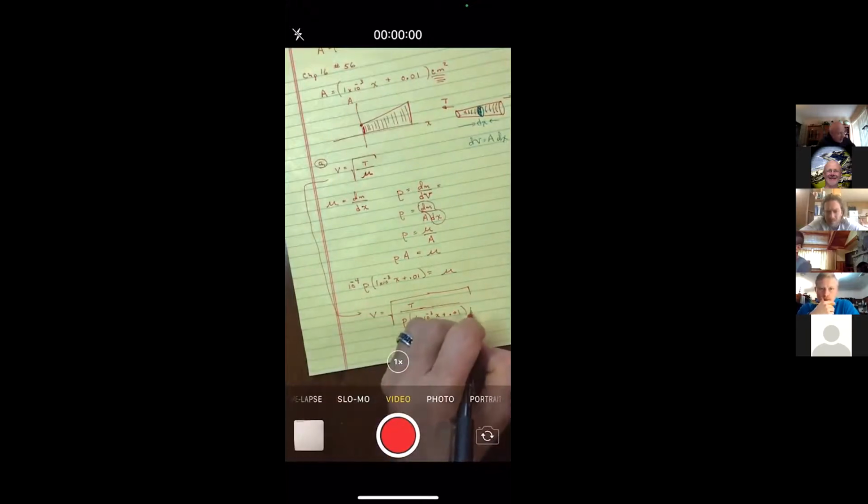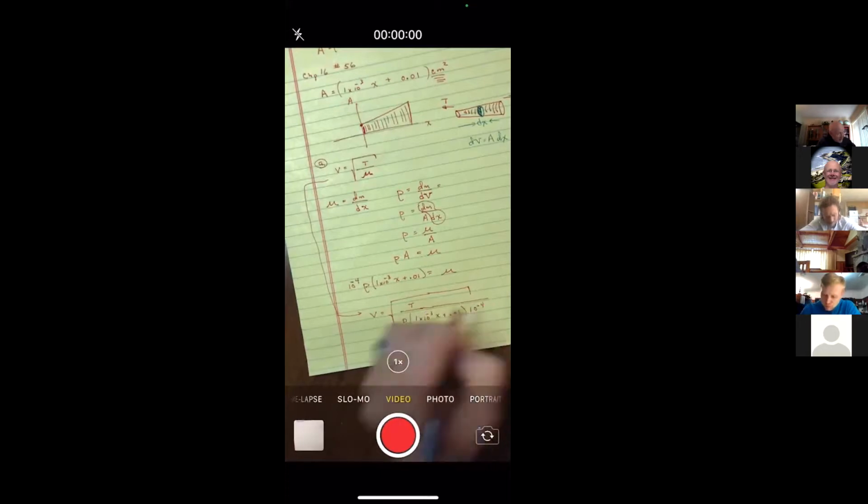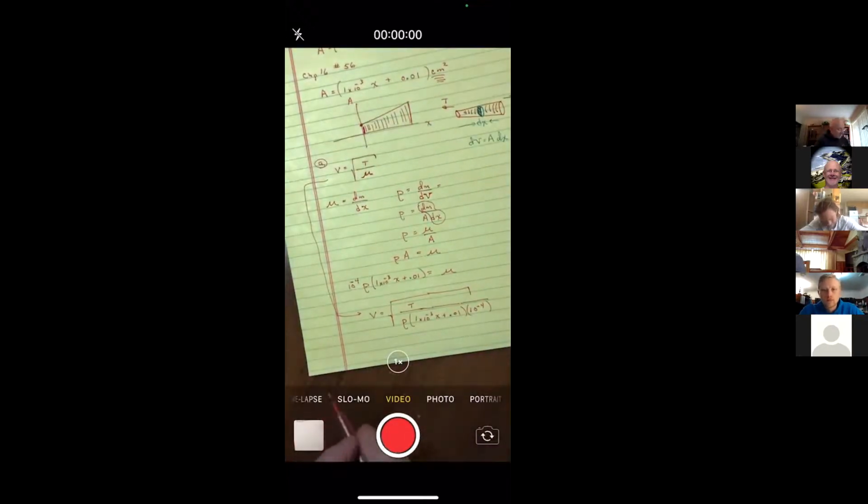So this really needs a times 10 to the minus 4 next to it for that to work. And I see that your author has that because of the centimeters squared to meters squared. Okay, so good. I'm glad I looked at the answer there.